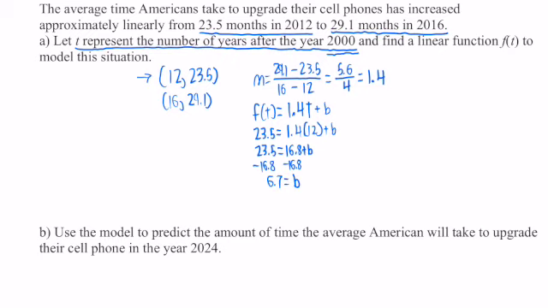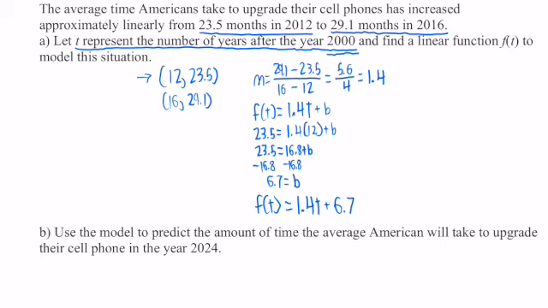So now that we know what b is, we can write our function as f of t equals 1.4t plus 6.7.